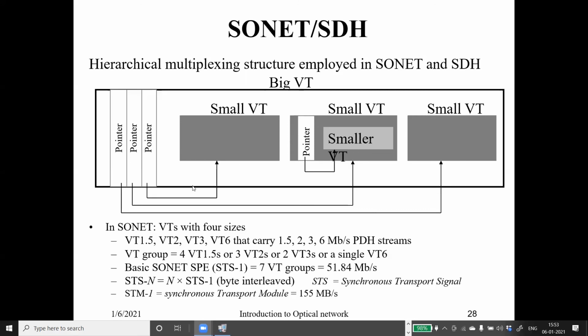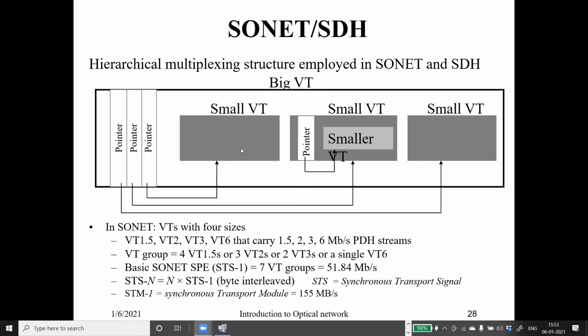Now, how we do it is we call those virtual tributaries, and normally one frame can be divided into four virtual tributaries. One SONET frame we can divide into four parts, and in one sub-part you can keep the information of similar data rate. That means suppose in this one I'm keeping the information of DS1.